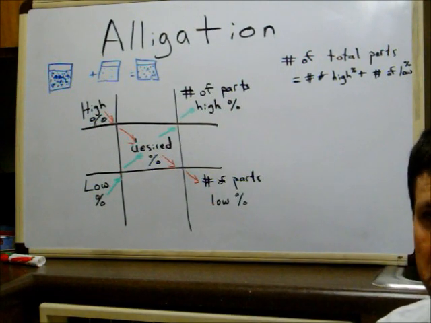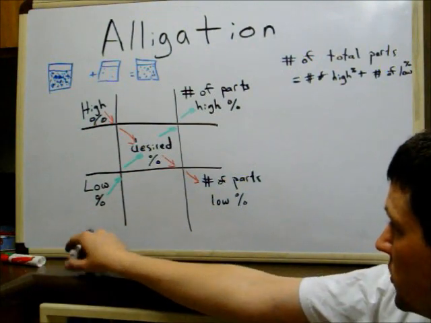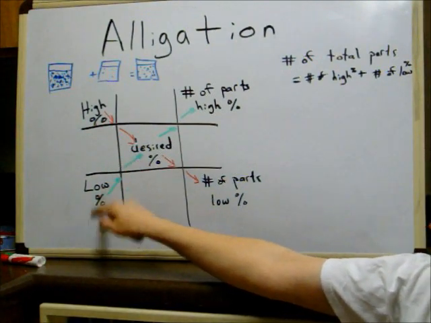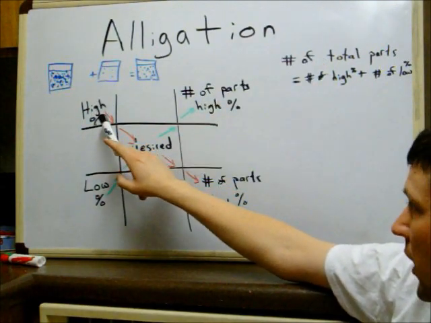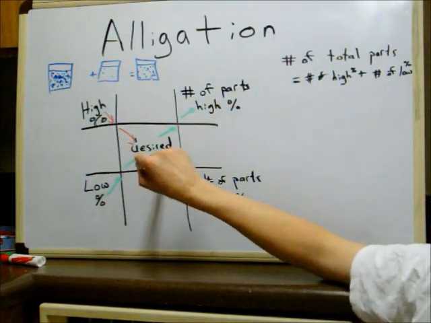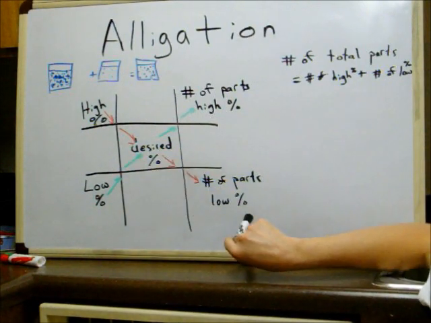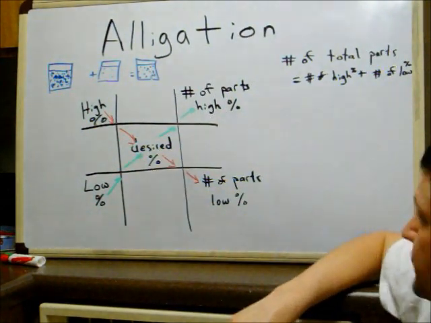So this is just simple subtraction. You subtract the low from the desired and put it up here, and then again with the high percent, upper left minus middle, and then put it in the bottom right.